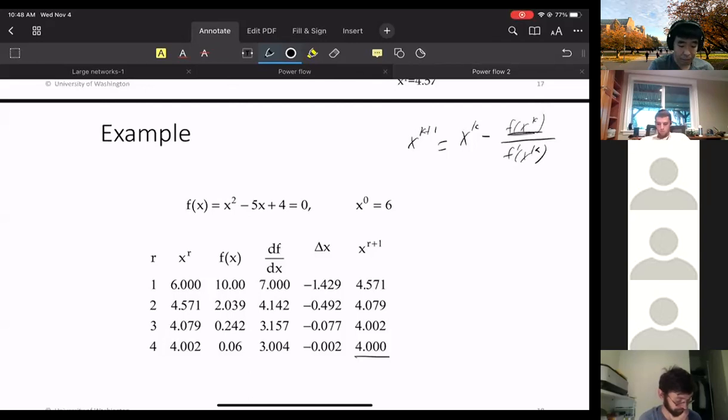We want f of xk to be close to 0. If this is close to 0, I don't update the equation anymore. I stop updating. For example, if you plug 4 into this update, it would not update.